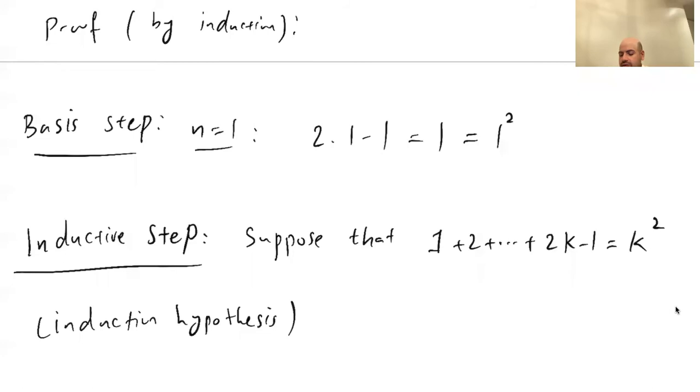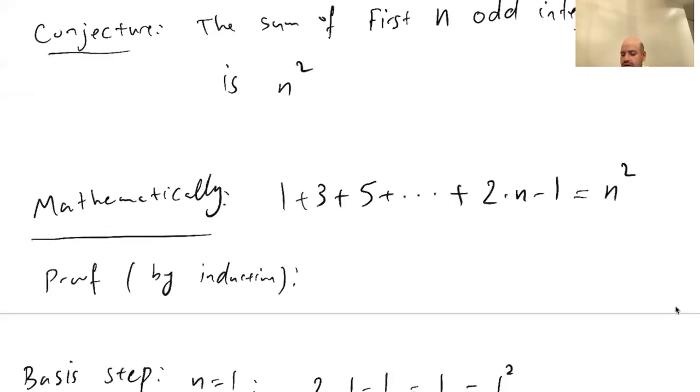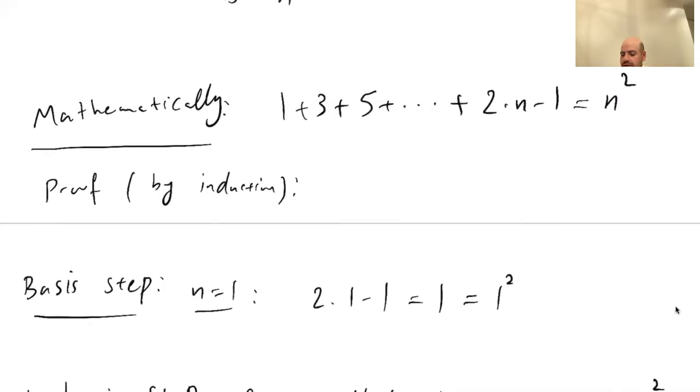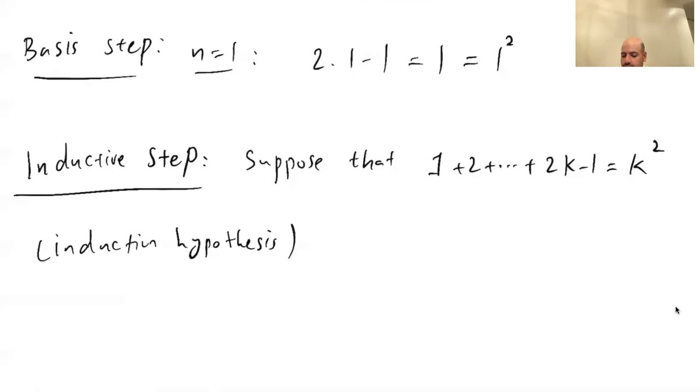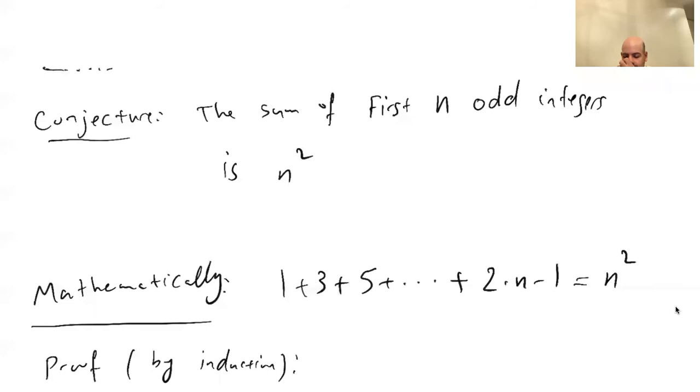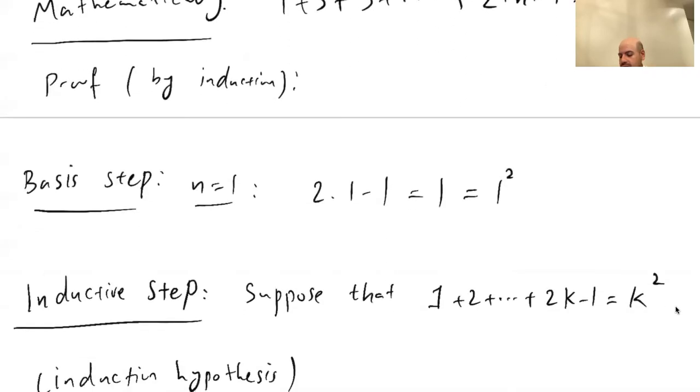The statement that we want to show is this one. And we are assuming that it holds for n equals k, meaning that 1 plus 3 all the way to 2k minus 1 is equal to k squared. And we want to show that 1 plus 3 all the way to 2 times k plus 1 minus 1. See, if I replace this n here with k plus 1, I'll get 2 times k plus 1 minus 1.